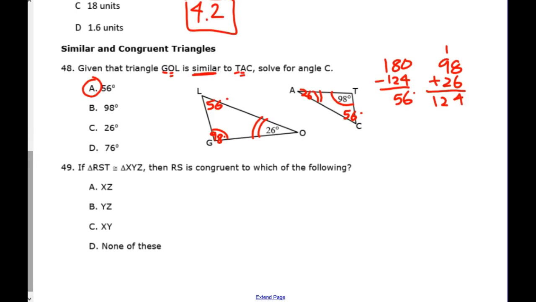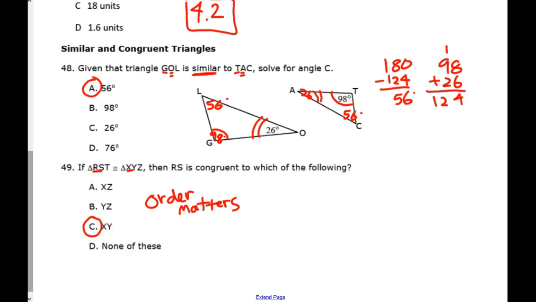Okay, RST is congruent to XYZ. RS is congruent to which of the following? So again, first two letters is RS. First two letters is XY. Order matters. You could draw a picture if you need the visual, but again, if you follow the order of the congruent statement, you will know exactly what is congruent without a picture.